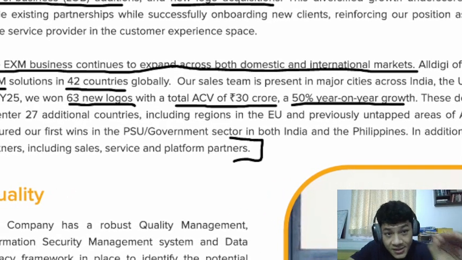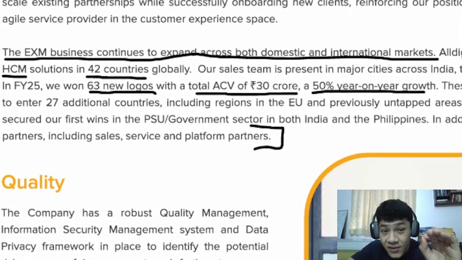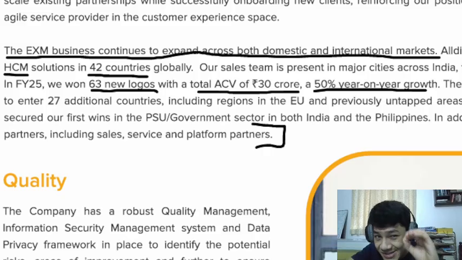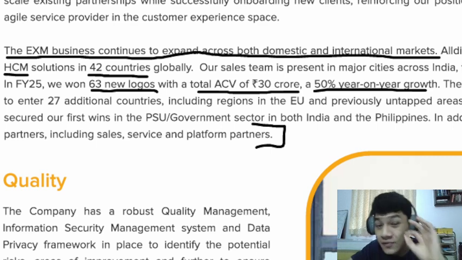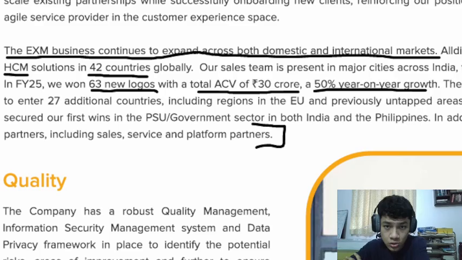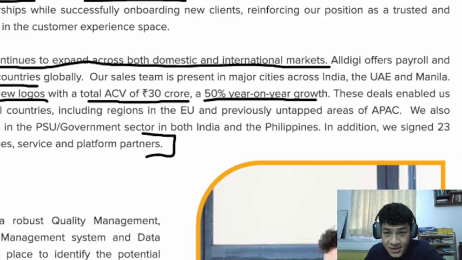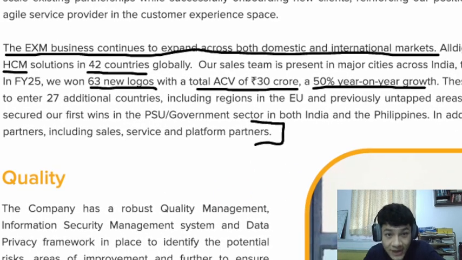In fiscal 2025, they won 63 new logos, 63 new clients with a total average contract value of 30 crores. Okay, 30 crores is average contract value. Multiply this by 63, you know the math. Average contract value saw a growth of 50% year on year. These deals enabled us to enter 27 additional countries. This is for fiscal year 2025 alone.